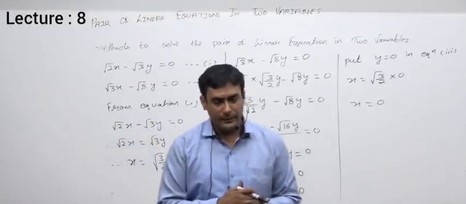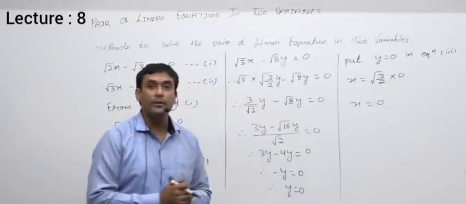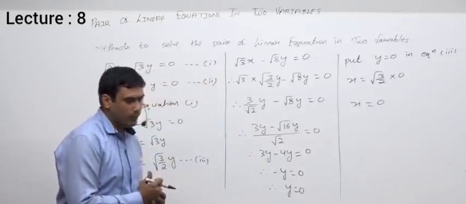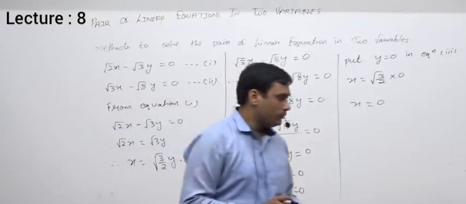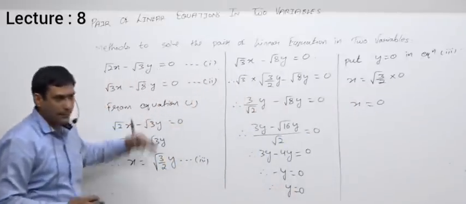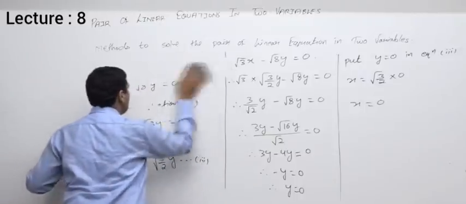Now the next thing in linear pair of linear equations in two variables is word problems. So one or two word problems. Again we'll solve with the same substitution method only.